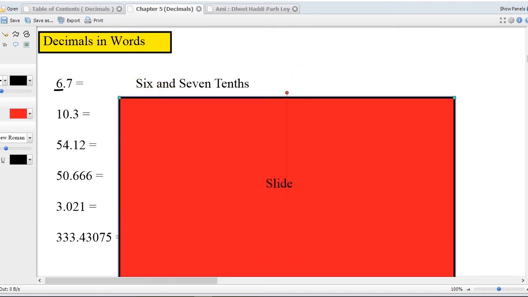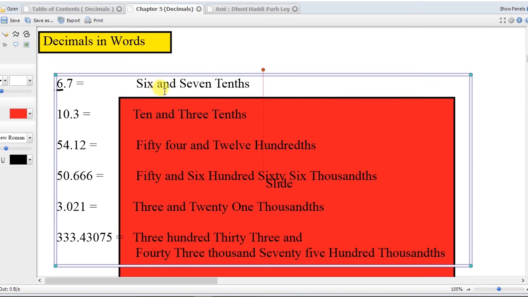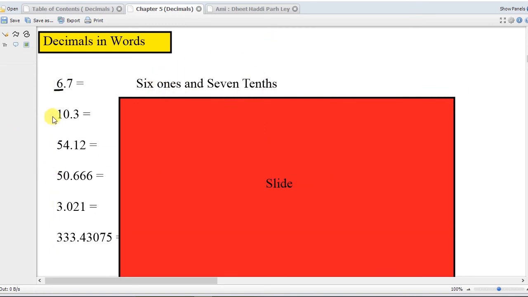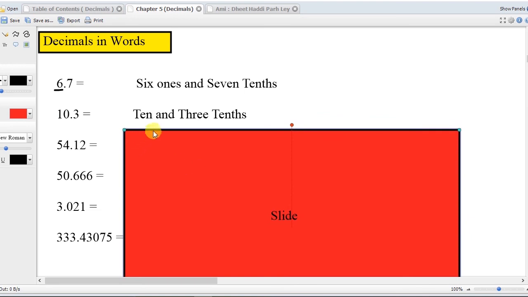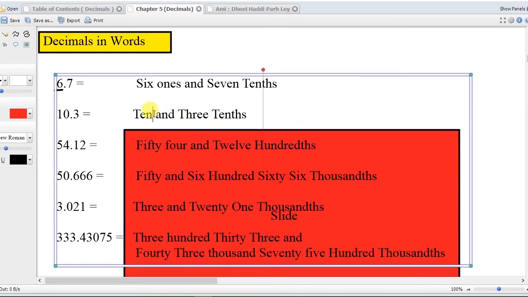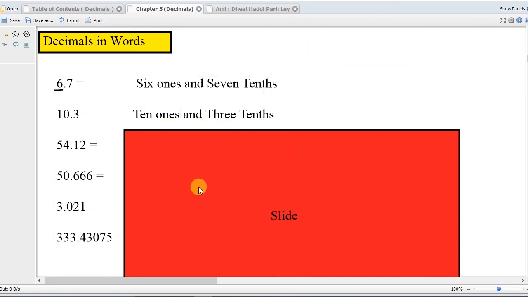I can write it like this: 6 ones and 7 tenths. Next is 10.3. So it's 10 ones and 3 tenths. The next is 54.12.